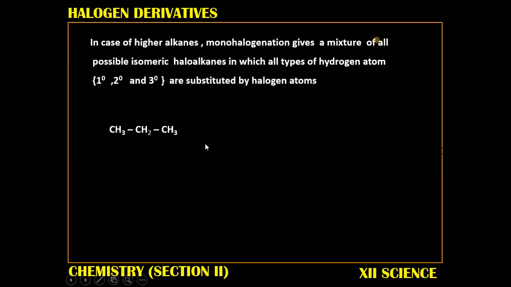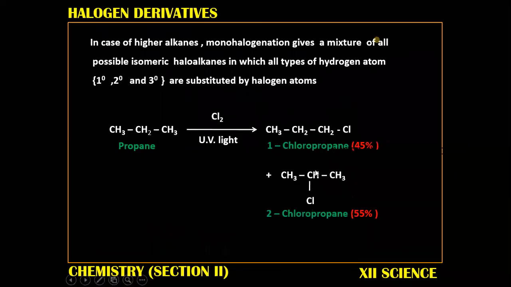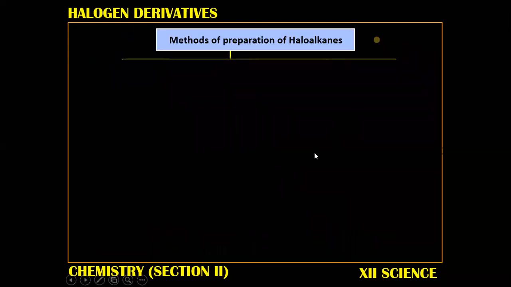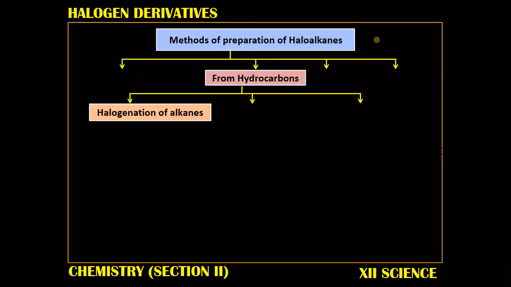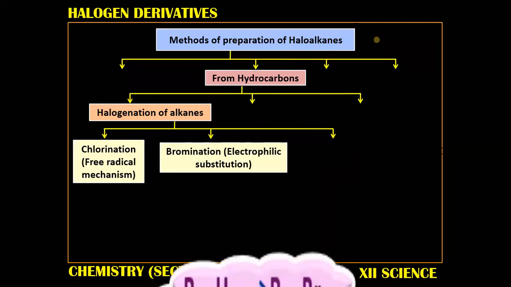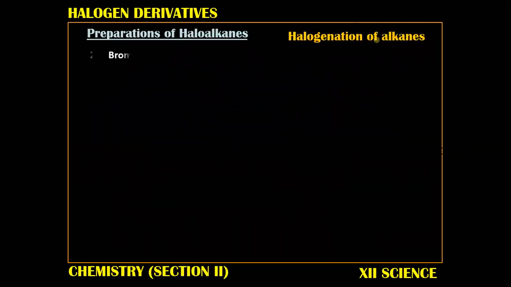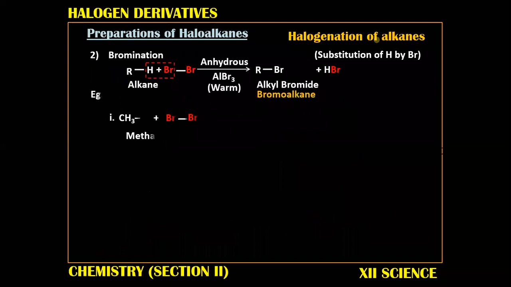If you use higher alkanes, then we get a mixture of haloalkanes. Bromination is electrophilic substitution. In case of bromination, we have to use anhydrous aluminum bromide.